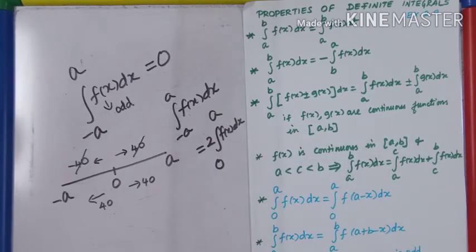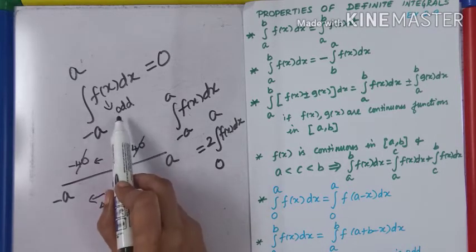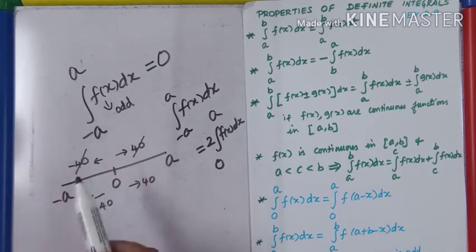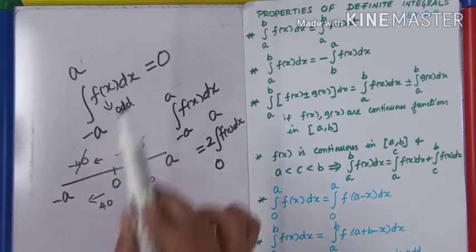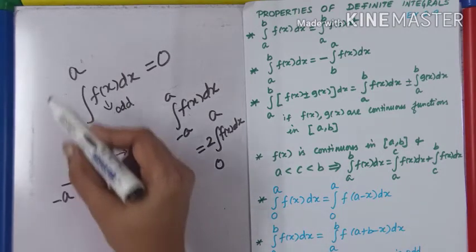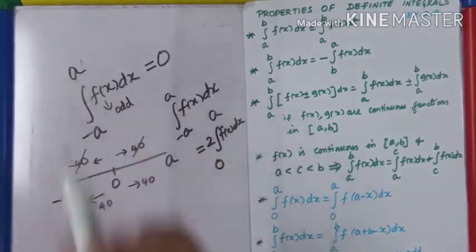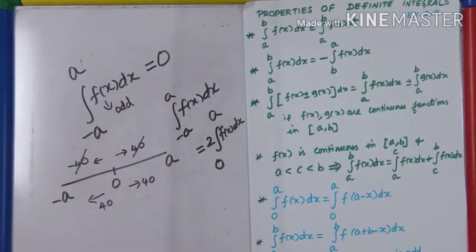So in 1 mark problems in objective type questions, we are mostly given odd functions. Once you decide it is odd, you need not even integrate or put the limits, all that. Immediately declare the answer to be 0, provided the limits are from minus a to a, minus 2 to 2, minus 3 to 3, minus 4 to 4. Such functions, I say the answer is 0.